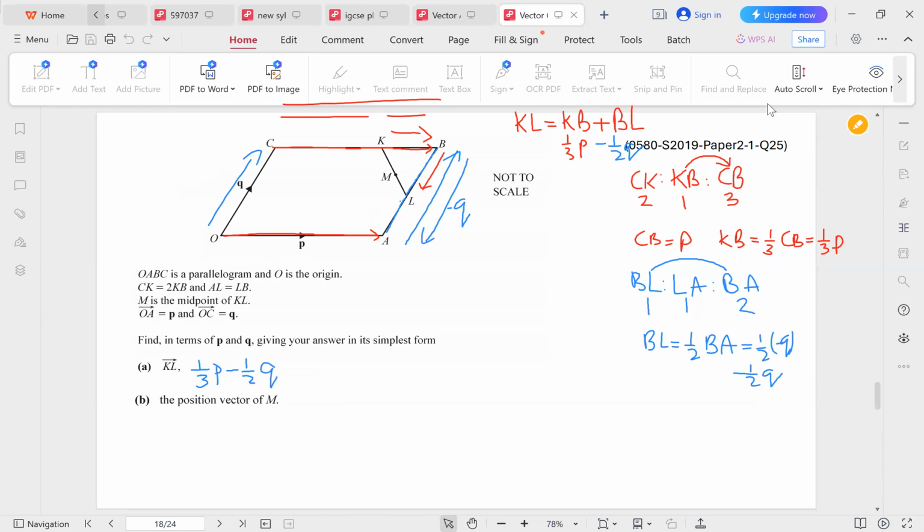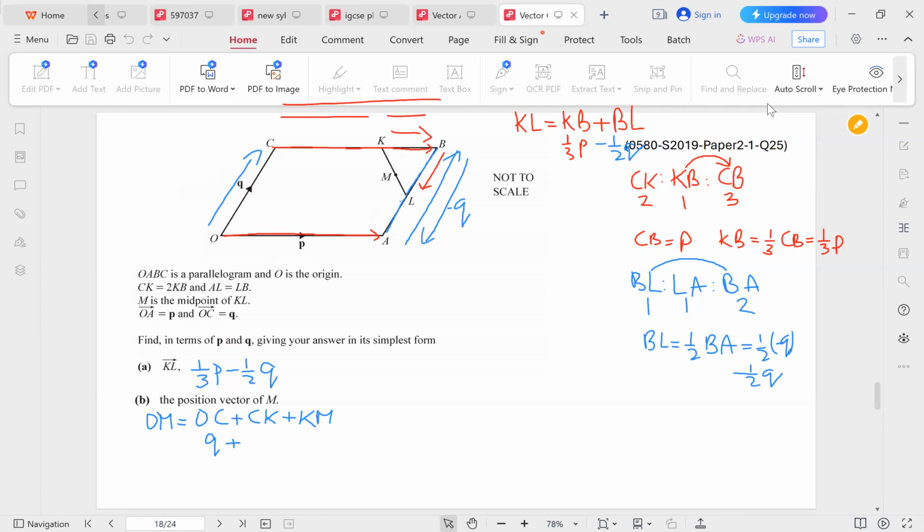Now we want the position vector of M, so we want to get OM. So we're going to go from O to M. You can write this as OC plus CK plus KM. Now for OC, we already know that this is Q. For CK, we haven't really obtained CK, but we can obtain it easily from the ratio that we already wrote.